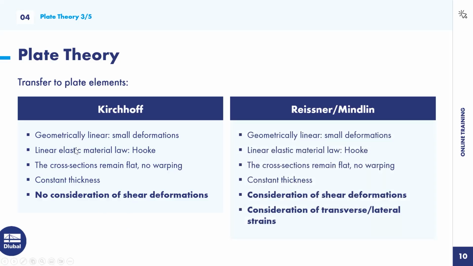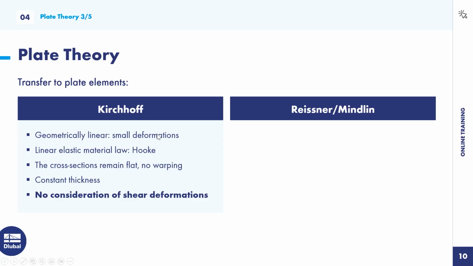It has geometrically linear and small deformations. We have a linear elastic material law, the Hooke law. The cross sections remain flat and we don't have any warping inside these slabs. We have a constant thickness and we have no consideration of shear deformations, like for the Bernoulli beam.